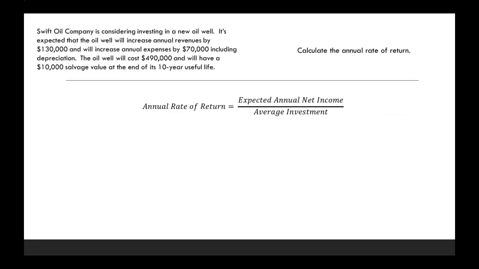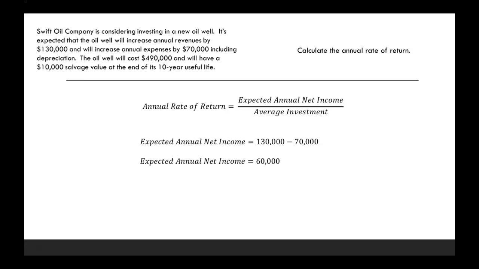So, your annual rate of return is your expected annual net income divided by your average investment. Now, they didn't come out and give us either of those pieces, but they gave us the pieces to calculate each of those. So first, your expected annual net income. Well, they said that it would increase revenues by 130, but also increase expenses by 70.